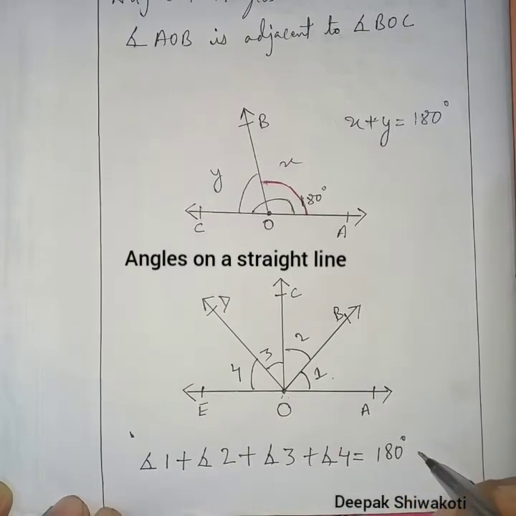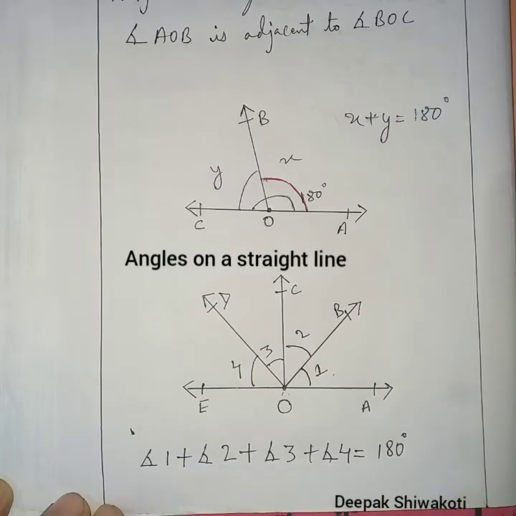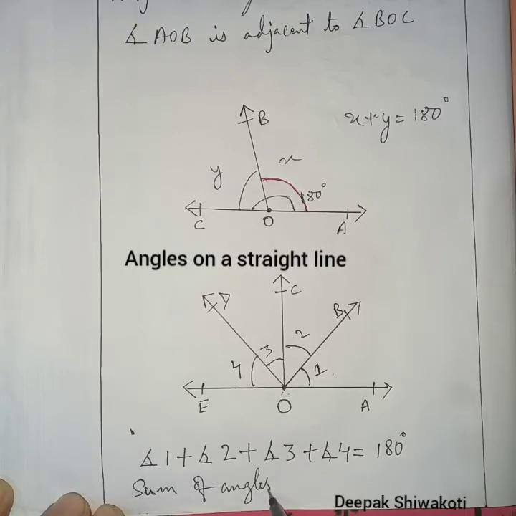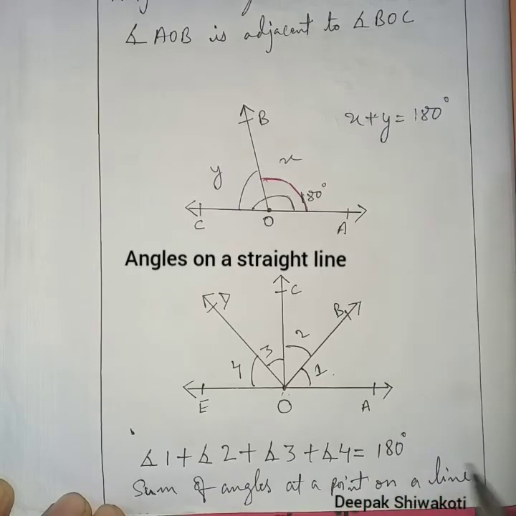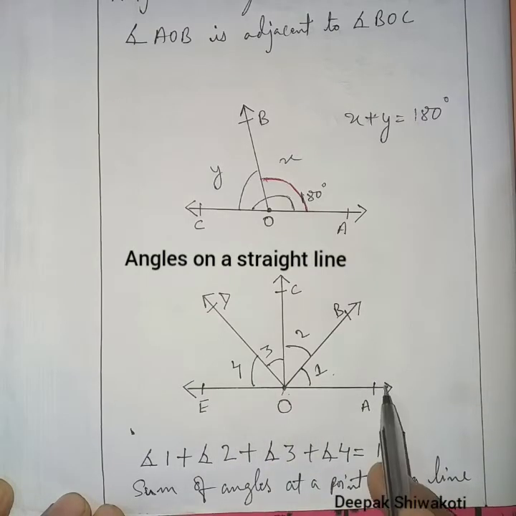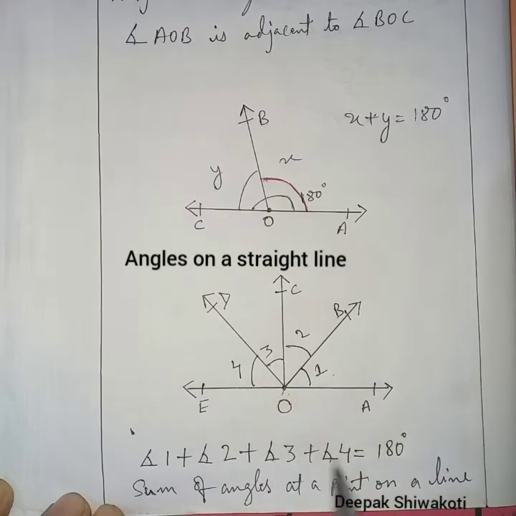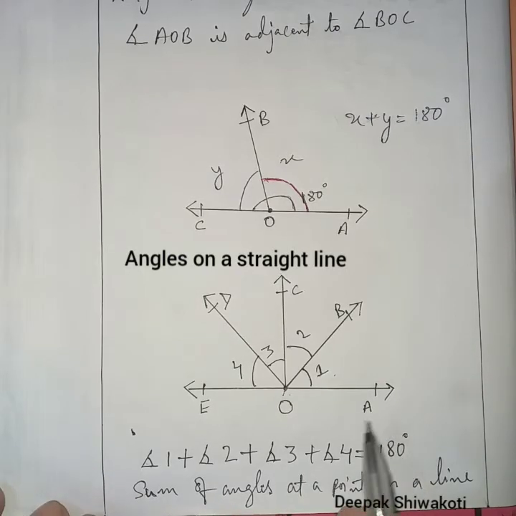So this is the sum of angles at a point on a line. At a point on a line the sum of these angles is equal to 180 degrees. This is the property.